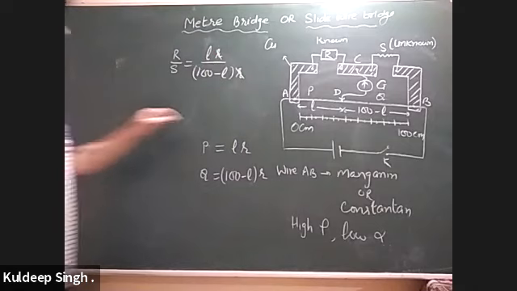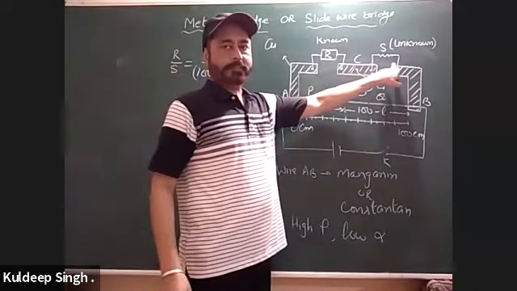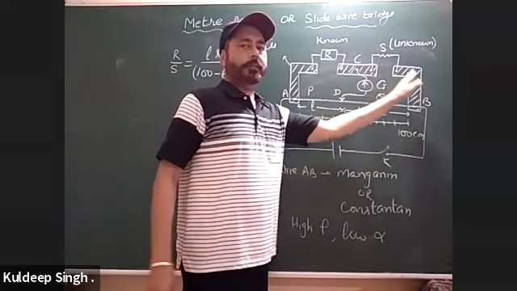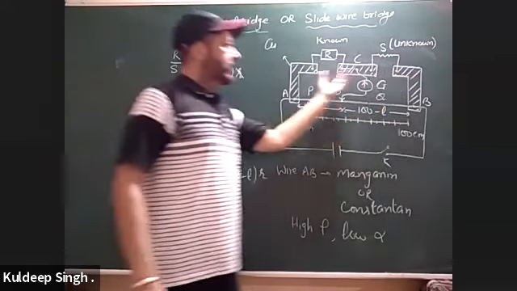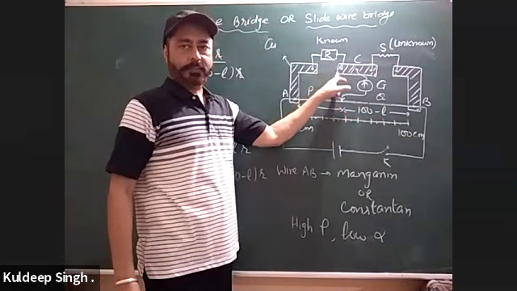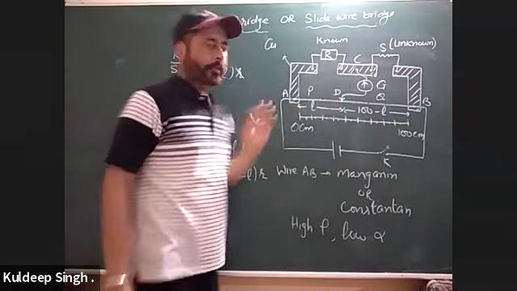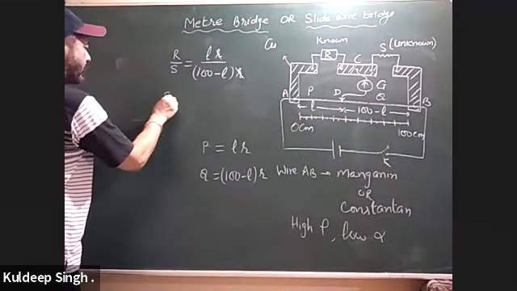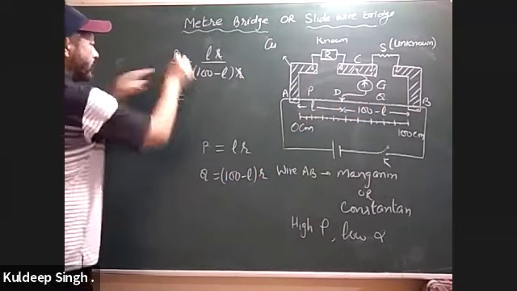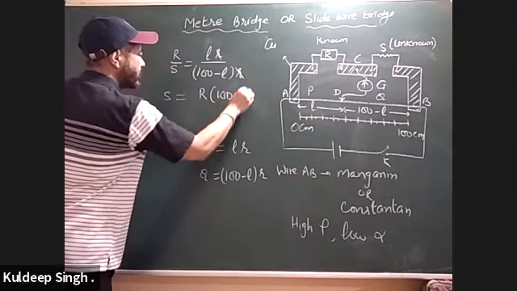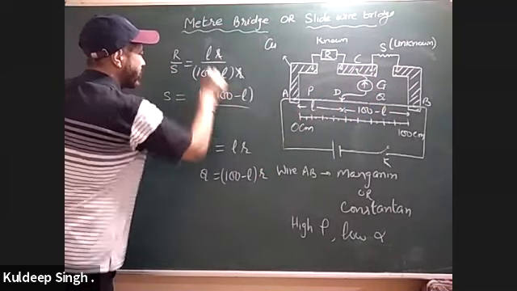So if I say S is our unknown resistance, which I have fixed in the right gap of the bridge, and in the left gap I have some known resistance. It is the standard resistance which is available in the lab. So to find out S, I will say S is equal to, you can cross multiply, R into 100 minus L divided by L.